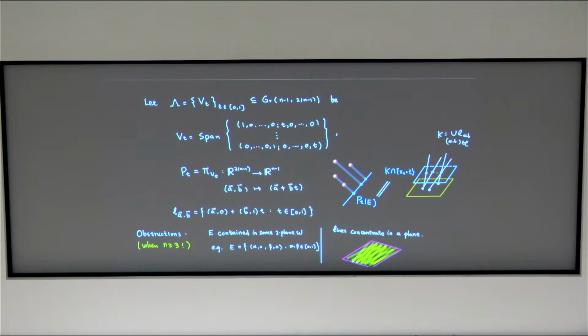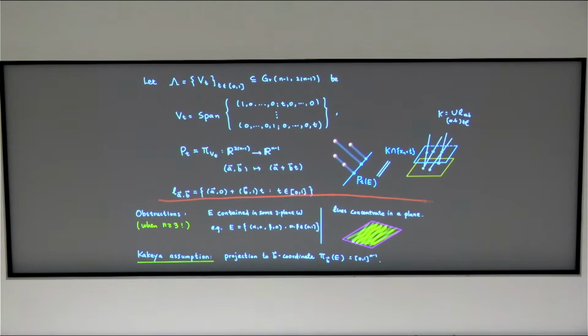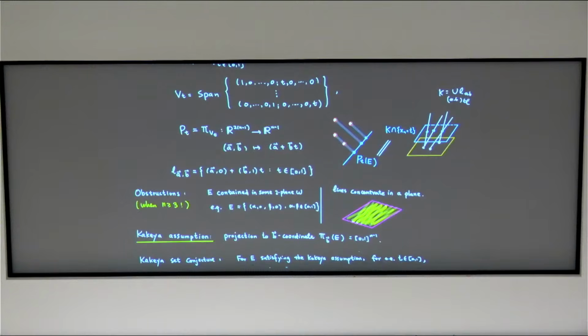Here we slice it with 3 points. They are equal. This is because, recall, the line LAB is parameterized by A comma 0 plus B comma 1 times t. I hope this says something about how the projection image is related to the size of the slice of the union of lines with a horizontal hyperplane.